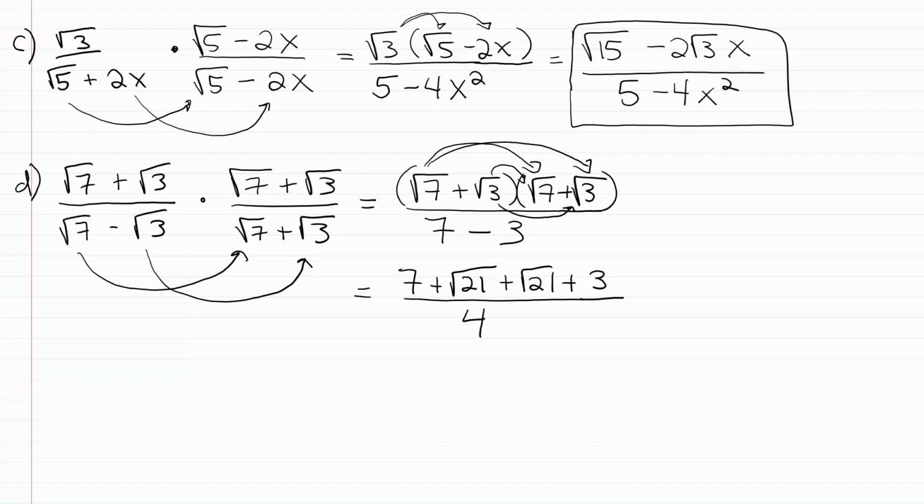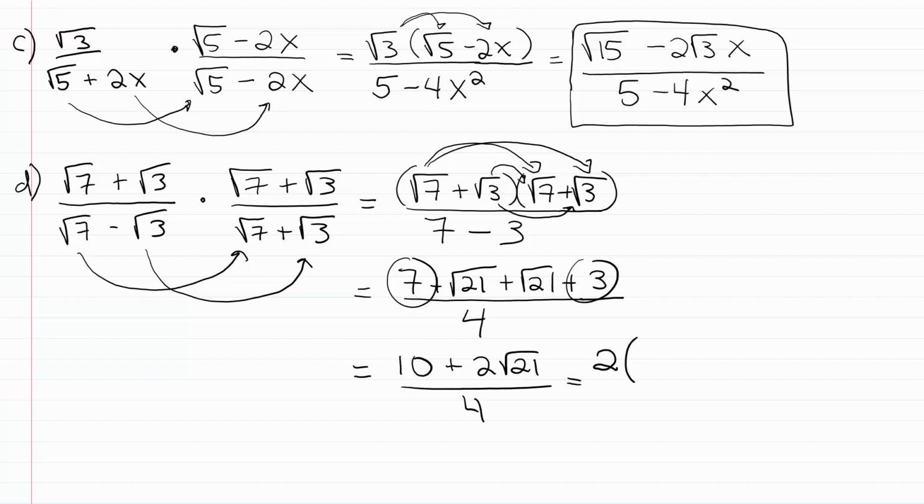All right, so continuing on some more, we're going to have 7 plus 3 to tell us that that answer is 10. And then we have 2 square roots of 21, so it'll be plus 2 square roots of 21, and all of that will be over 4. Now the last step here is to simplify if possible. Notice that both the 2 and the 10 in the numerator have something in common. They both have a 2.